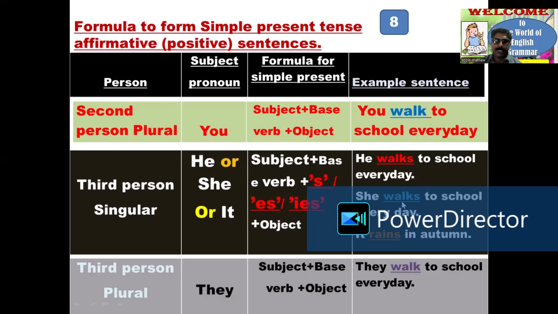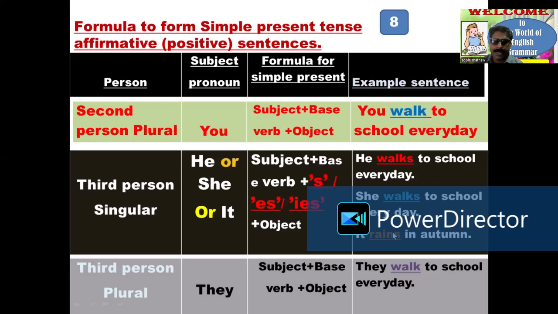She is the subject. Walk is the base form of the verb. We added an s with the walk. Then it becomes walks to school every day. Then we have it, the third person singular subject. It rains in autumn. Rain is the base form.